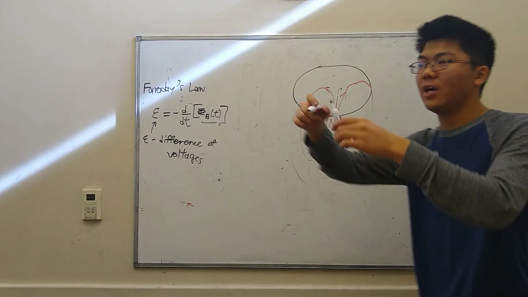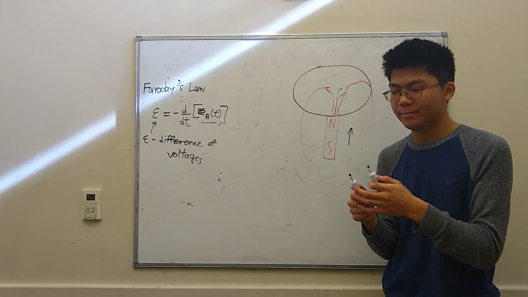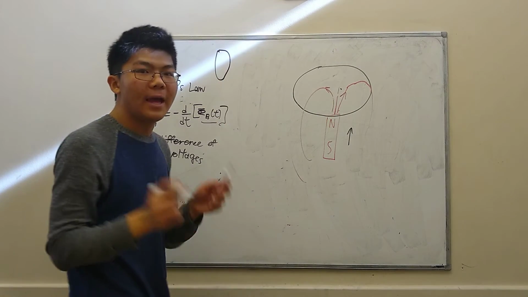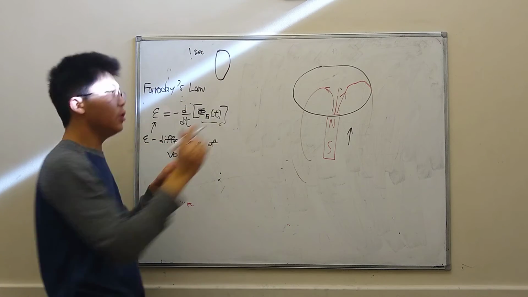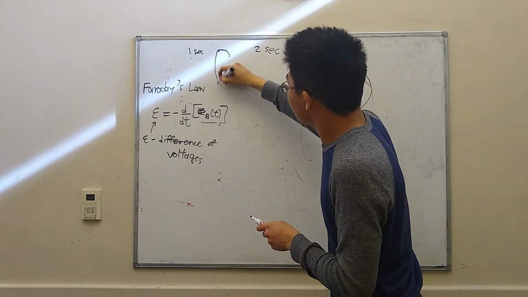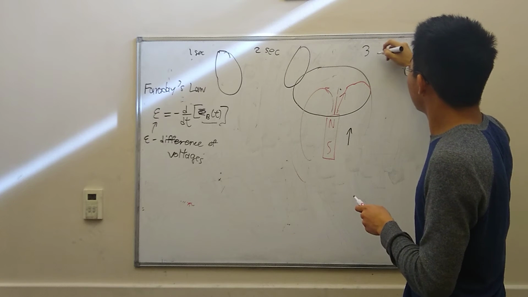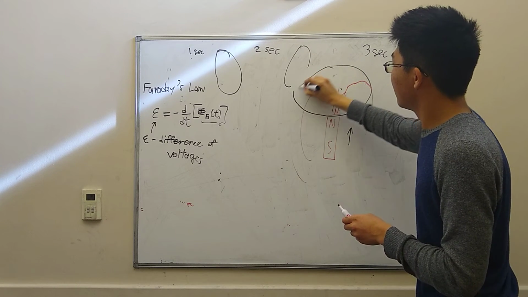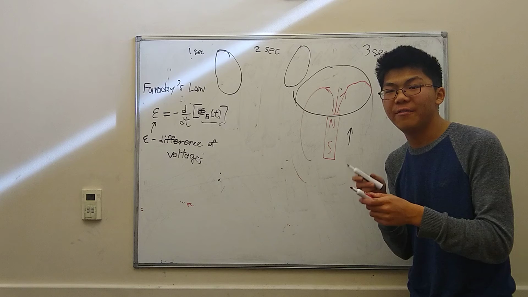As the field lines point outward, here's how we can interpret this. Instead of viewing it as just a coil of wire in empty space, let's view this as a disk of area instead. So, here's our disk of area, and here's our magnet. Let's call this 1 second, 2 seconds, and 3 seconds. Let's say for the first second, we start moving the magnet in, but very slowly.